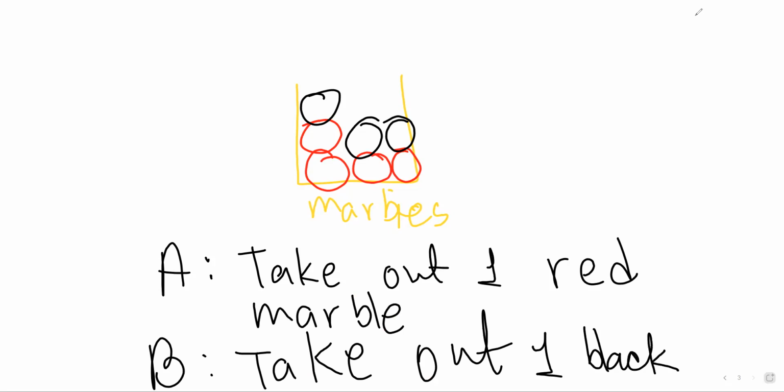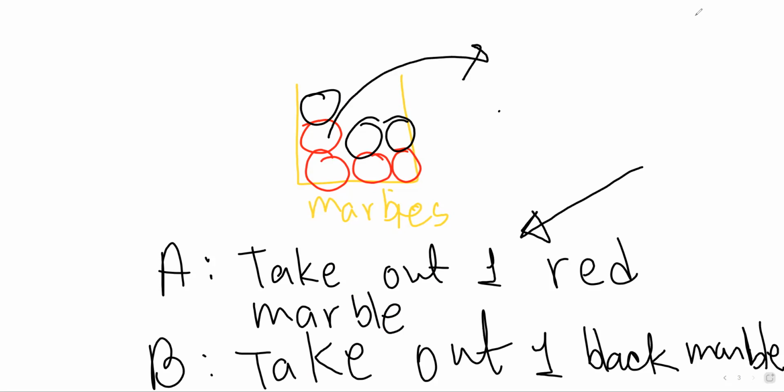But the catch here is that after you've taken out that red marble, and it's not here anymore, you do not replace it back into the container before you've performed event B, like taking out a black marble.